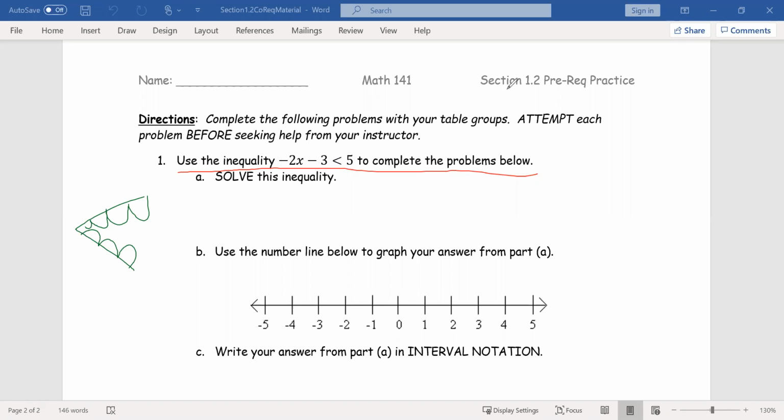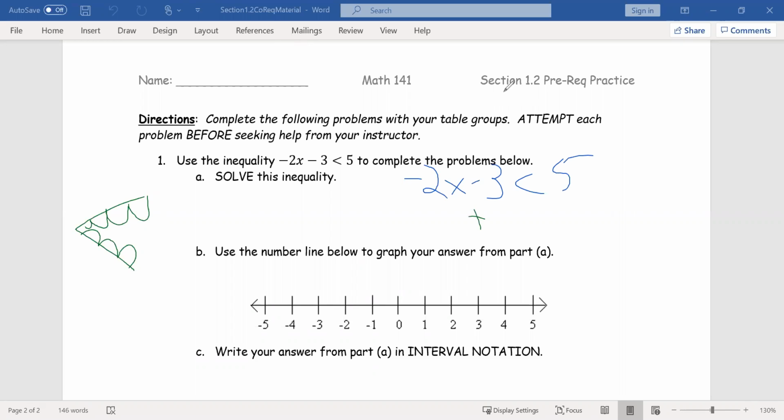Okay, and the first thing we're asked to do is to solve this inequality. When we solve an inequality, we do it very similar to the way that we solve an equation. So I'll set this up as negative 2x minus 3 less than 5. What we need to do is isolate our variable.